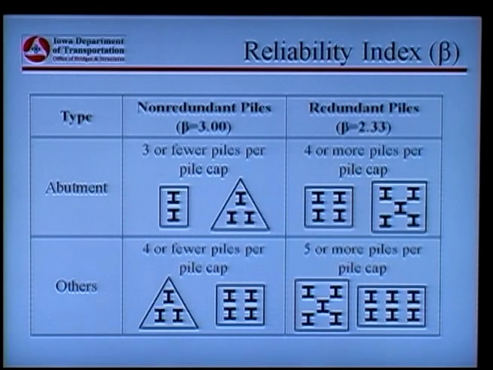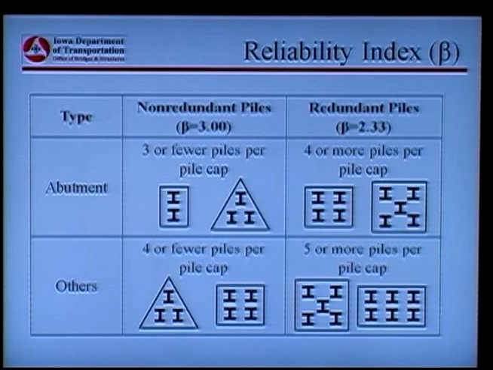Let's define this important parameter that controls the probability or chances of failure. So the reliability index, or the beta value, is either 3.00, which is recommended by AASHTO, or 2.33, also recommended by AASHTO, based on whether the pile group is redundant or non-redundant. Right?